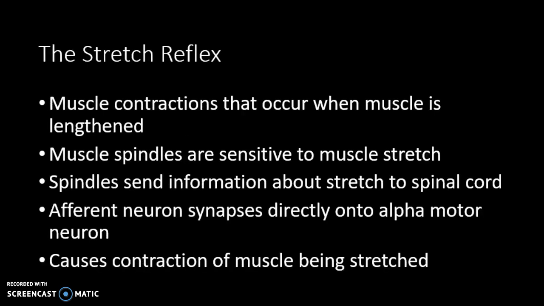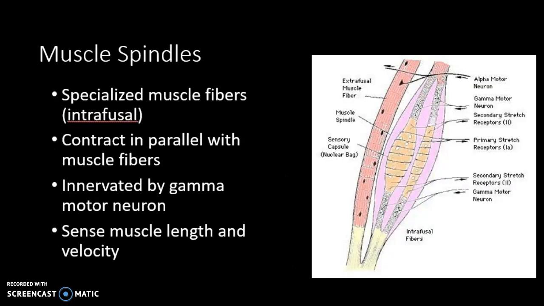Now the stretch reflex: the muscle contractions that occur when the muscle is lengthened. So we're talking about our muscle spindles. They're sensitive to stretch. The spindles will send information about stretch to the spinal cord. So an afferent neuron synapses directly onto an alpha motor neuron and causes a contraction.